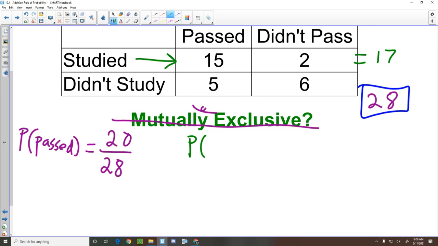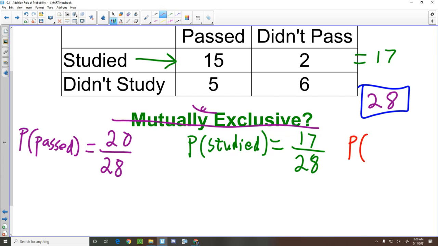So the probability that a student studied is, well, how many was that? There's a total of 17 students that did study for the test. Out of the number of possible students, that's out of 28. And finally, we need the probability that a student passed and studied.